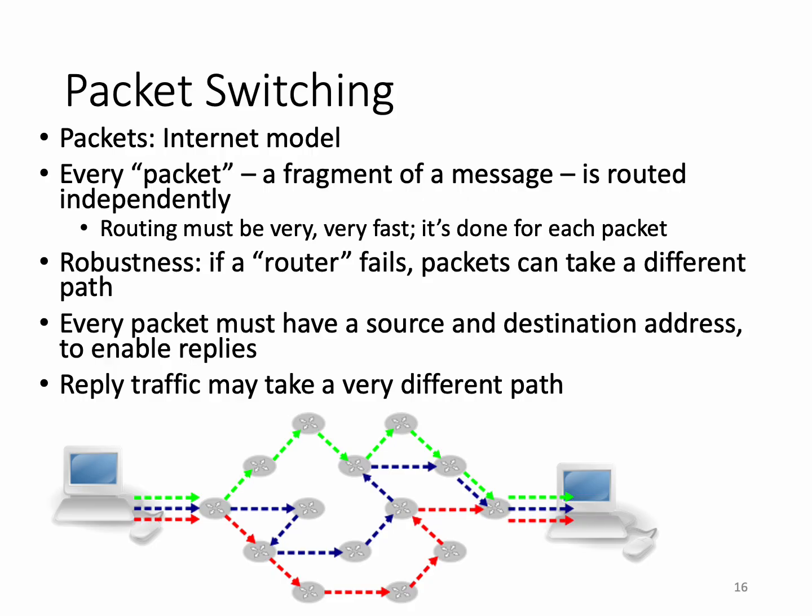So if a router fails, packets can take a different path. In this image here, I have a couple of different paths drawn out. The only thing that really matters is that the packet has a source and a destination so that you can have replies. Sending messages forward and having a message received back may not necessarily take the same path.